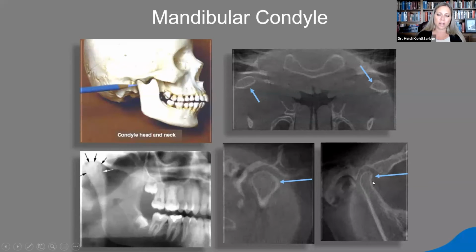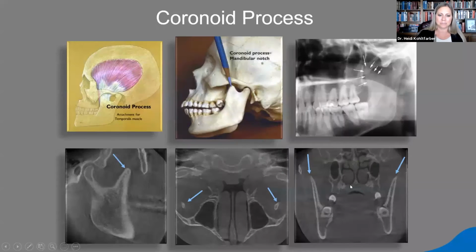Now, it's important to realize these cortical borders are not fully ossified until an individual is between the ages of 21 to 22 years of age. So if you have imaged an 18-year-old and you don't see those cortical borders, it does not mean that they're not there. It just means that the cortical borders are not fully ossified and we can't see those cortical borders. So it's kind of something important to keep in mind.